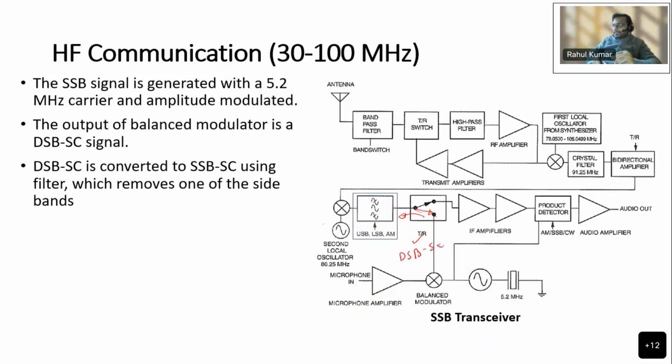SC signal is then sent to this block, which will remove one of the sidebands. This block is something like a filter, and it will remove one of the sidebands, either the upper or the lower.